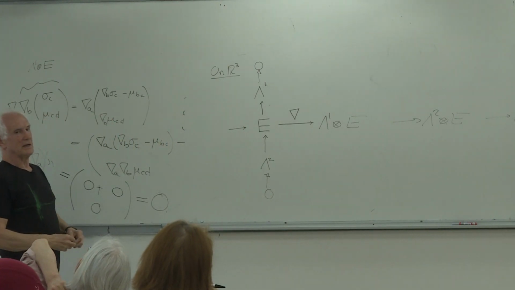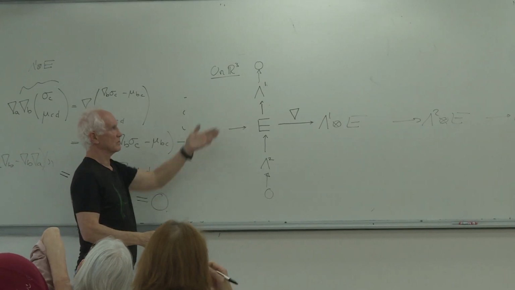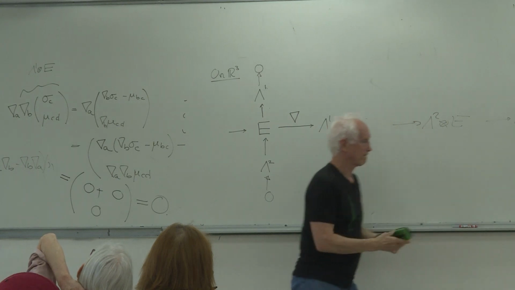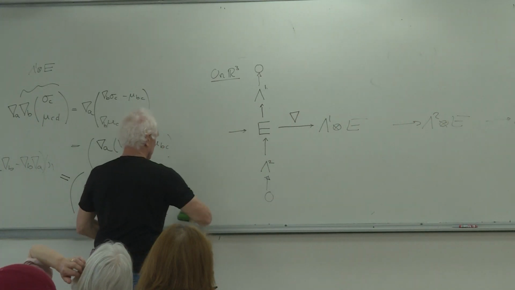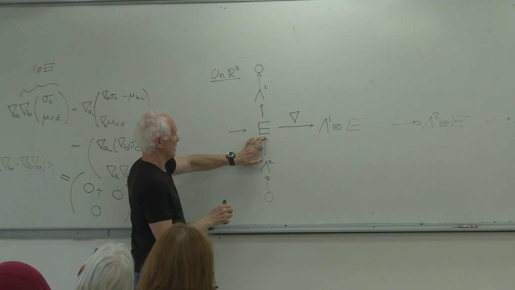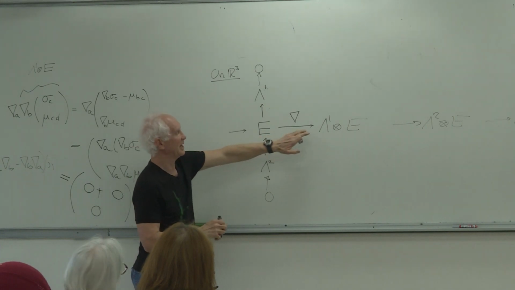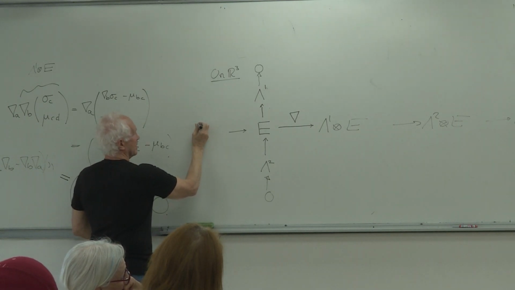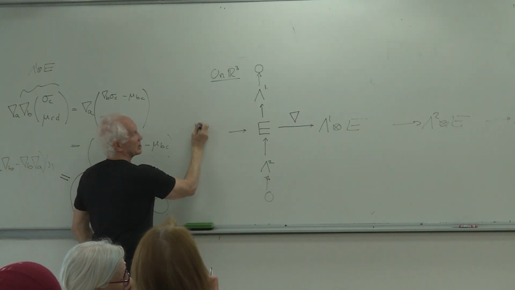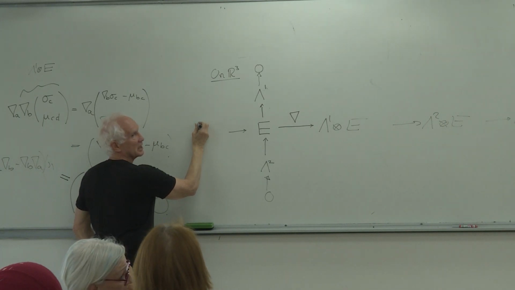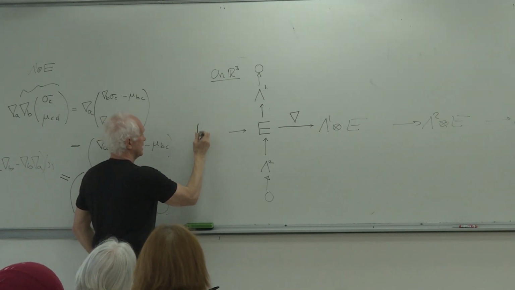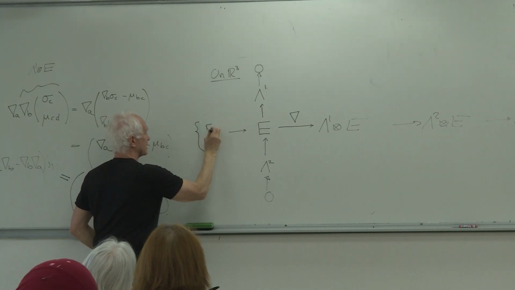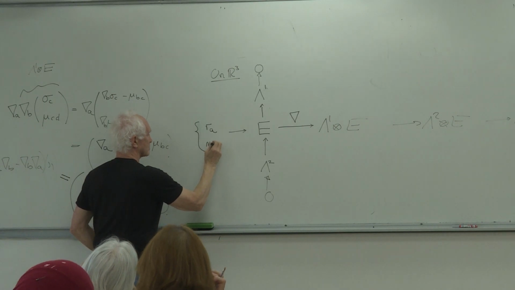Already, because E has rank 6, and this is our reason for actually creating this connection in the first place, we actually know what the kernel of the first one actually looks like. This is what replaces just R for the de Rham complex. It consists of pairs of a translation vector and a rotation vector.